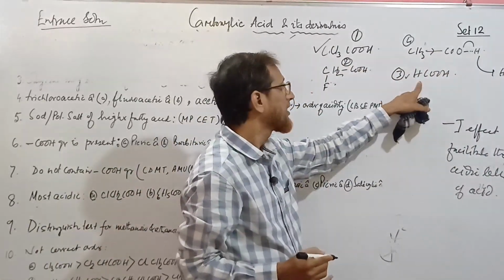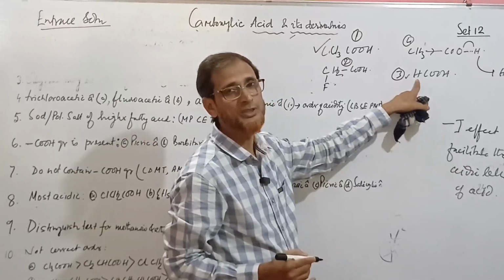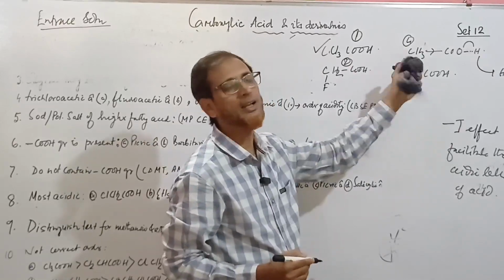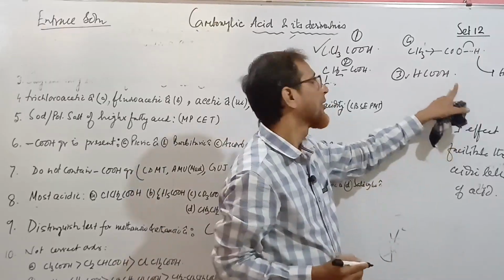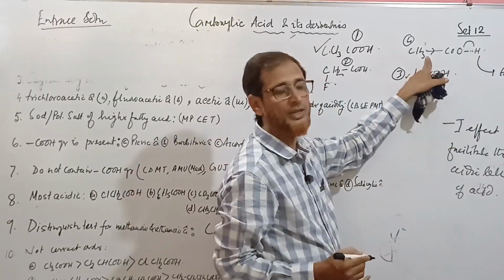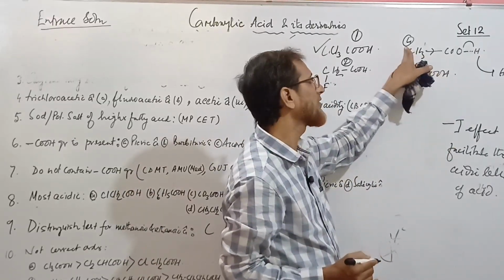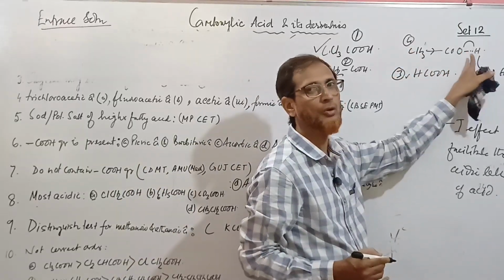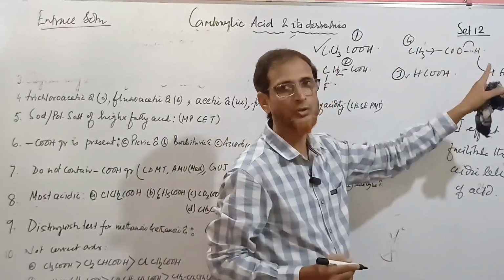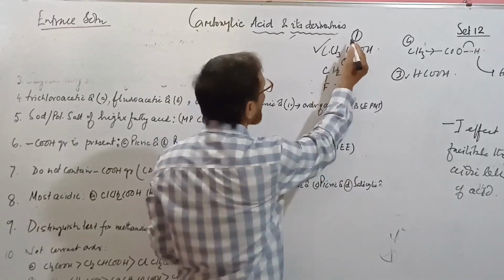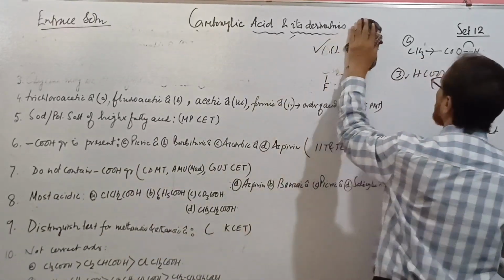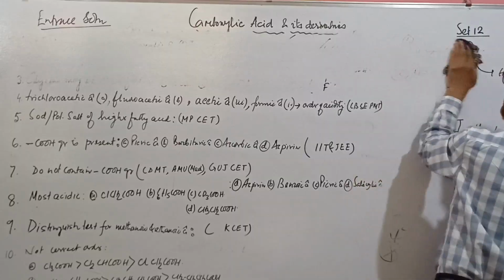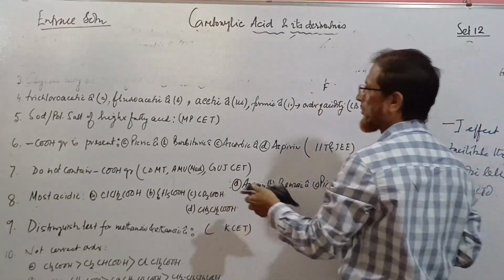But in formic acid there is no such plus I group, so it is as usual acidic. It can very easily donate hydrogen as proton, but acetic acid cannot donate as easily due to the plus I effect and more electron density between O and H. Release of H as proton is tougher. So this is the highest, this is second, this is third, and this is the least. This is the order. This is very important, and later you will often get this one.